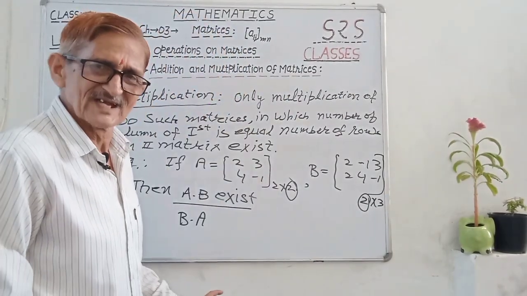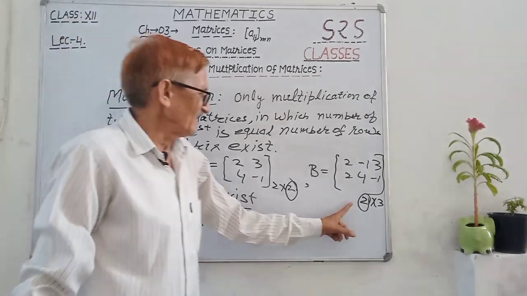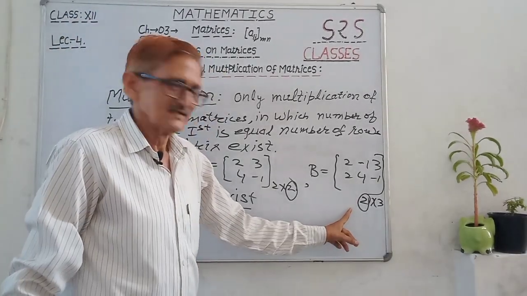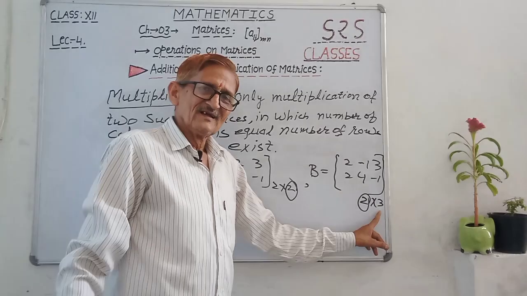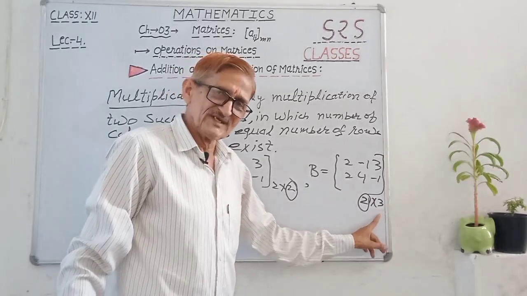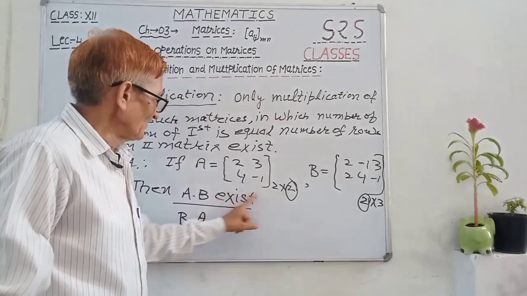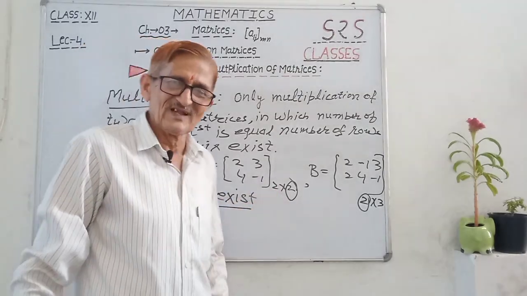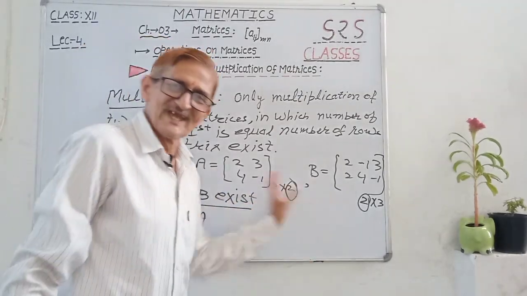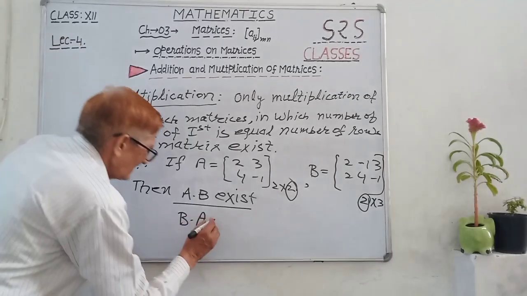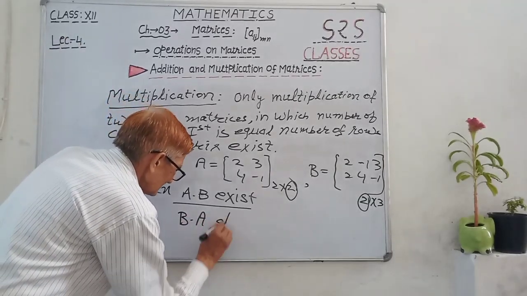See here you can check now what is BA. B first, columns of B is 3, and rows of A is 2, these are not equal, so BA does not exist here.